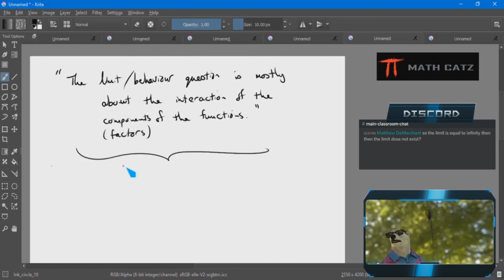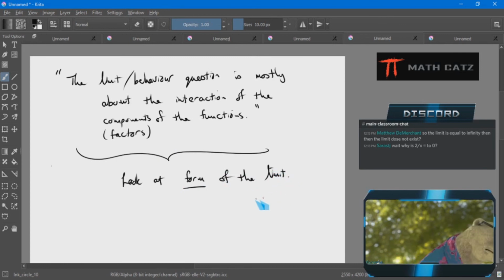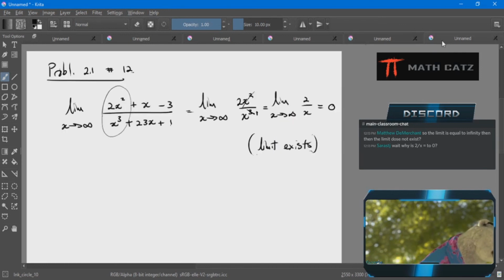So to help me figure out how these pieces interact, I'm going to look at what I call the form of the limit. These are things you're not going to find in a book, and it baffles me why they're missing, because they're extremely helpful. So helpful, I cannot live without the form of the limit.